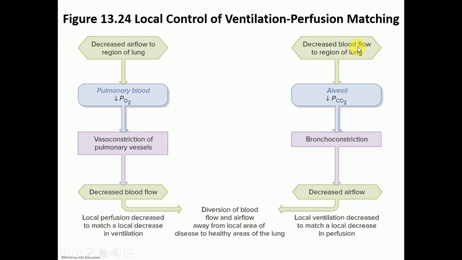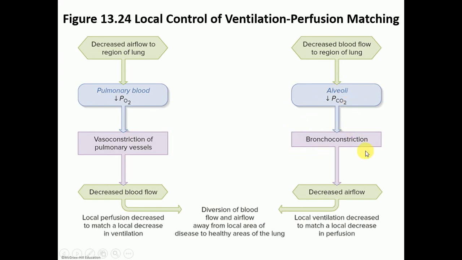Let's see what happens if there is something going on with the perfusion. Maybe somebody got a blood clot in one of the pulmonary arteries and there is less perfusion, or not enough blood flowing to a part of the lungs. That decrease in blood flow to a region of the lung is going to decrease the pressure of carbon dioxide in that alveolus.